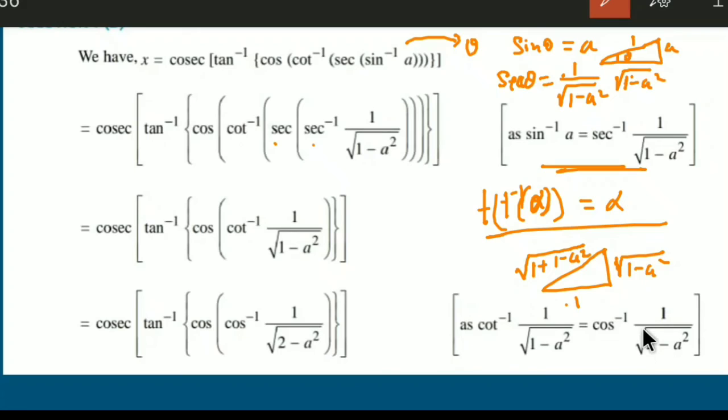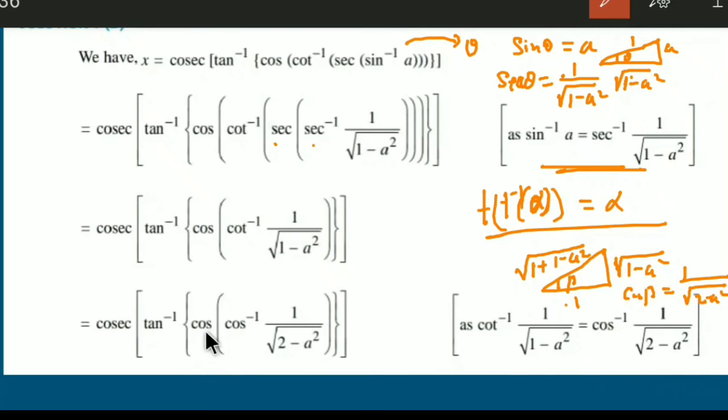So root of 2 minus A square. For that particular angle, let's say beta, cos beta is 1 upon under root of 2 minus A square, and hence cos inverse of 1 upon under root 2 minus A square.